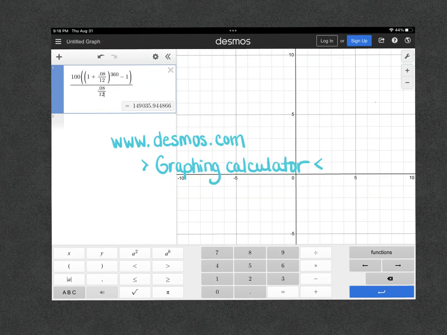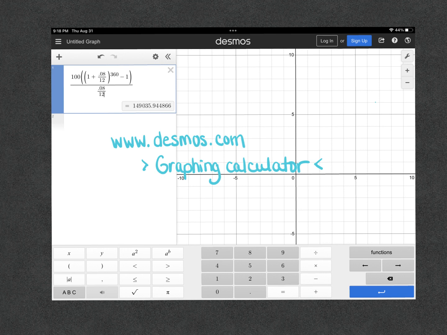On this screen, again, you can see where I typed this into an online graphing calculator, Desmos.com. There is a scientific calculator that Desmos offers, but this is the graphing calculator, and it is the one that I highly recommend, especially if you're struggling to get these answers on the calculator that you have. Desmos.com is able to be used for free.